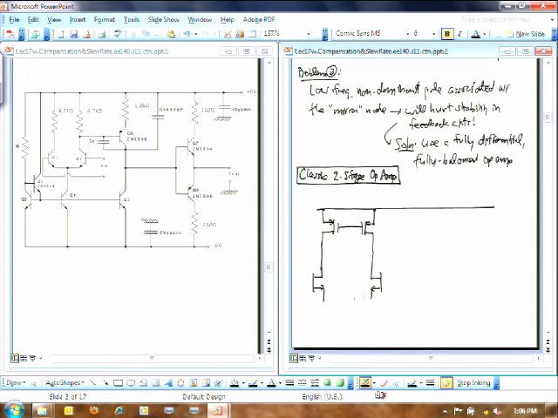So I'm going to draw that just as a MOS transistor with some V bias voltage generator that I'm not showing here. This is M1, that's M2, and here's my current mirror active load, M3, M4. And so that's our typical differential pair.